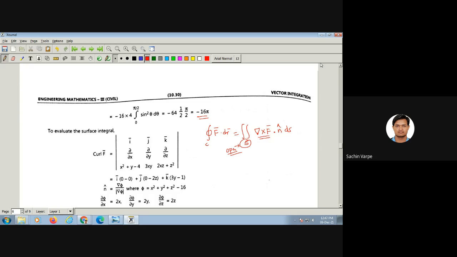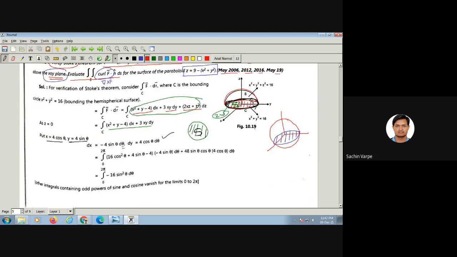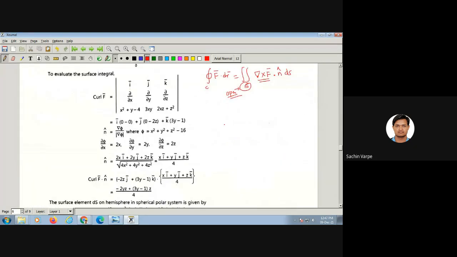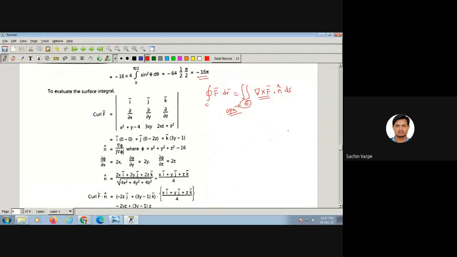First of all, tell me what is n cap to this circle? This circle is in the xy plane, so n cap will be k cap, and the area element is dx dy. So the curl of f bar is this.